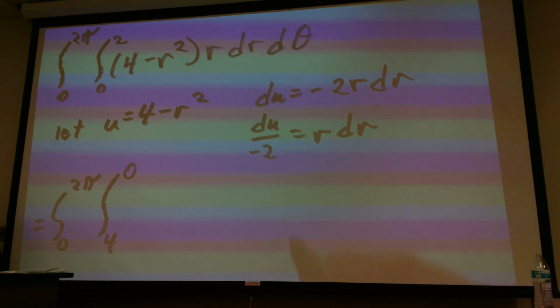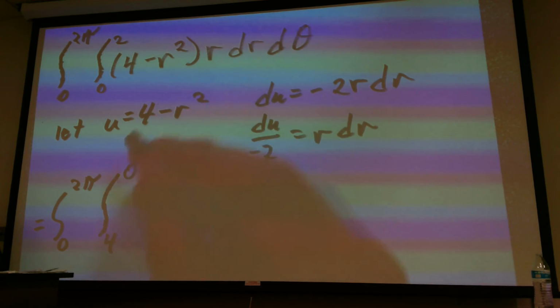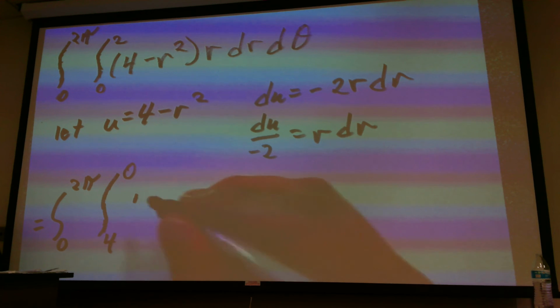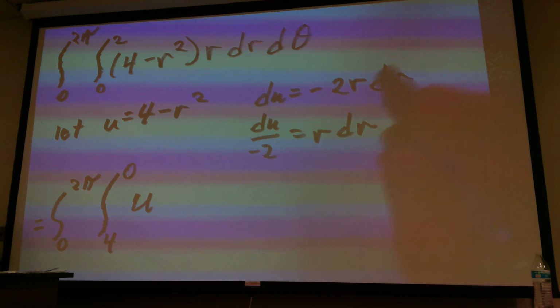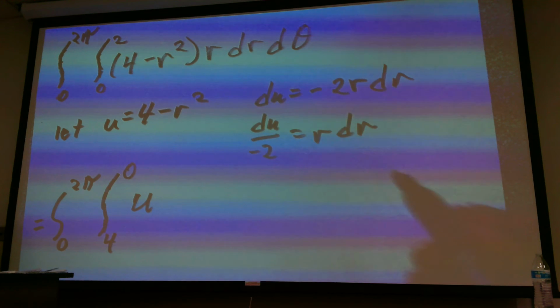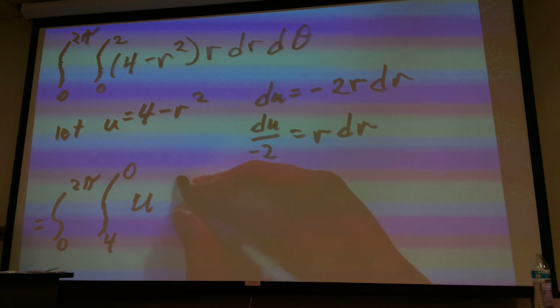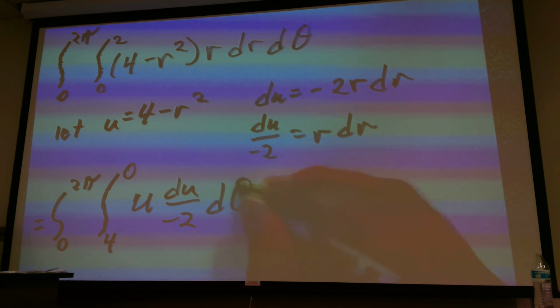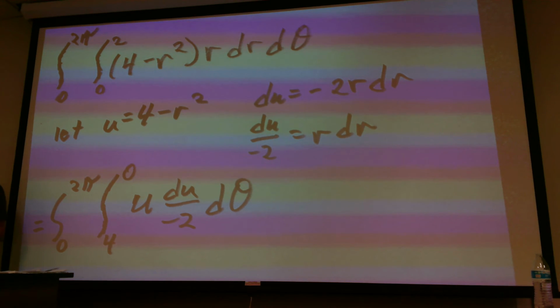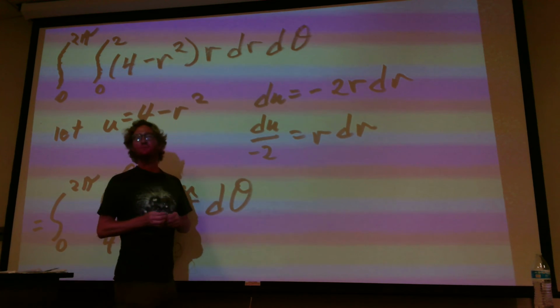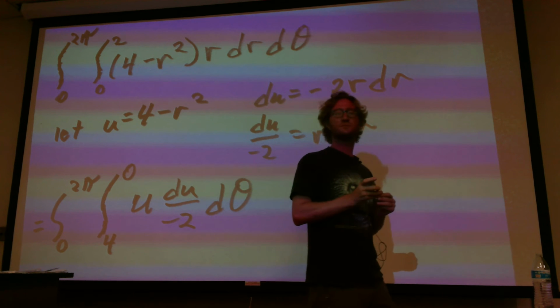And now we have u, which is 4 minus r squared, then the r dr, this guy right here, is going to be replaced by du divided by negative 2. Uh-oh. My boundaries are upside down.